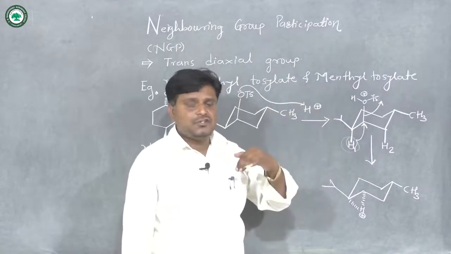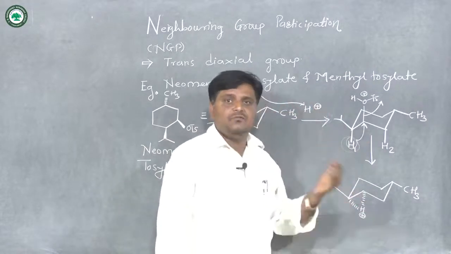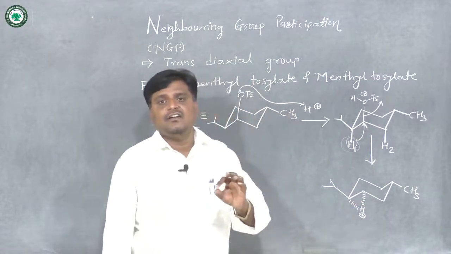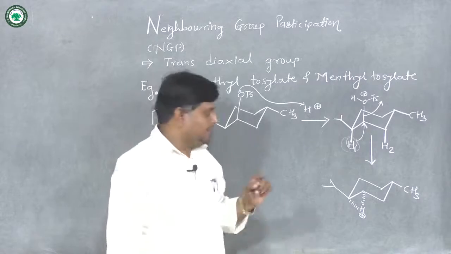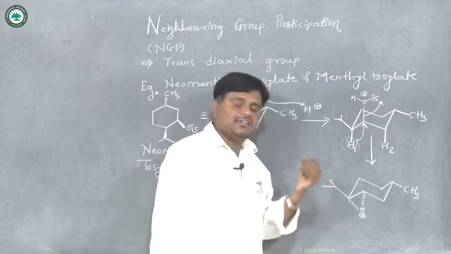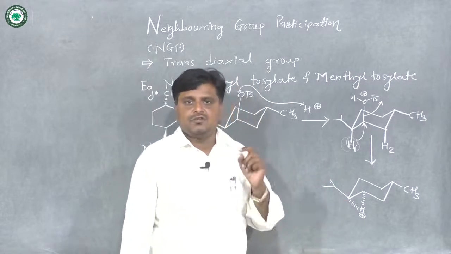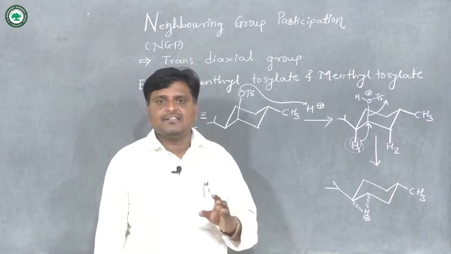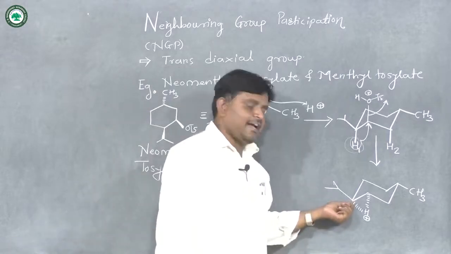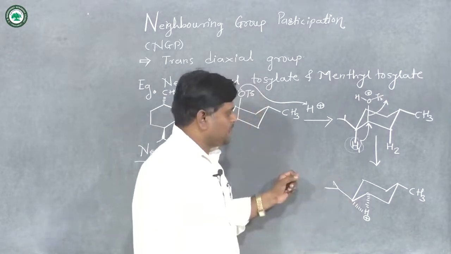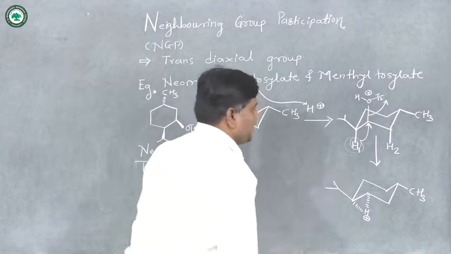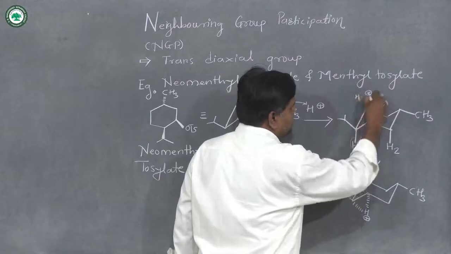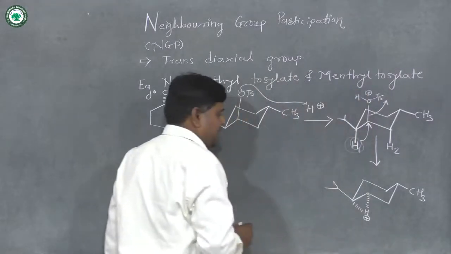But when we choose H2, we have such an intermediate that contains only a disubstituted or secondary carbocation, which is somewhat unstable compared to a tertiary carbocation, so this tertiary carbocation is more stable, and that's why H1 can very easily participate with the removal of this, or as an NGP in this reaction.